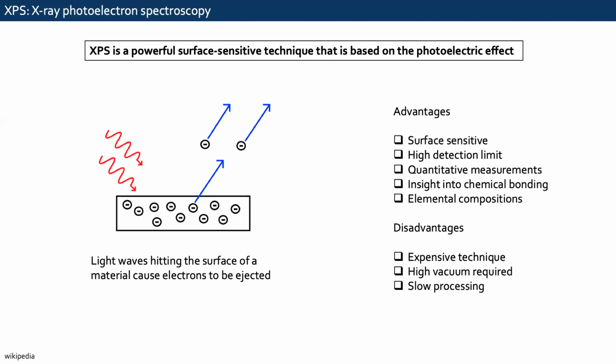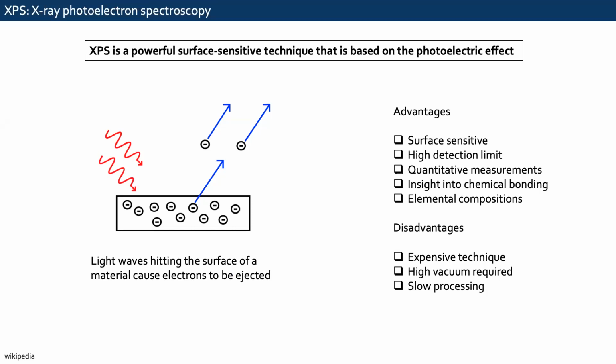XPS is a really powerful surface sensitive technique that's based on the photoelectric effect. Today, I'm also going to give a brief theory about the photoelectric effect and why we can use it to probe the surface states.